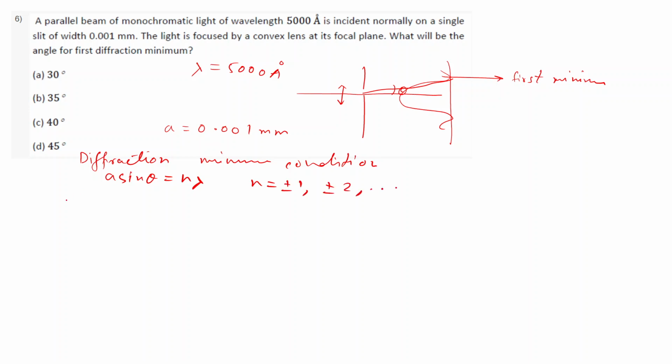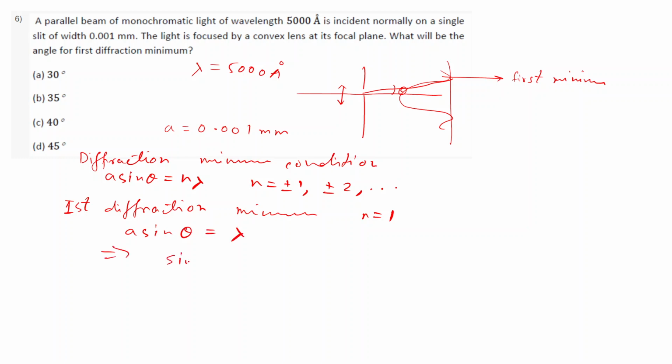So for the first diffraction minimum, because minimum is singular, minima is plural, n will be 1, and we'll get A sine theta is equal to lambda.